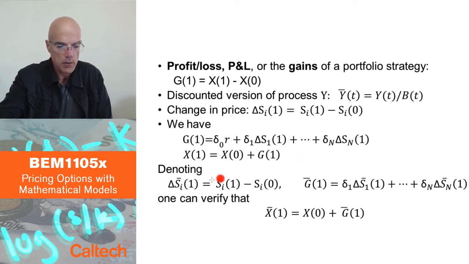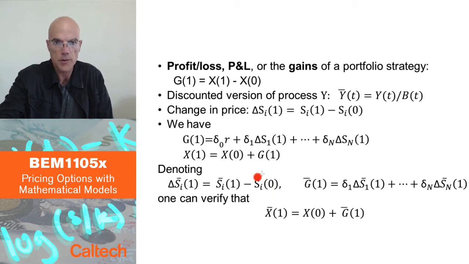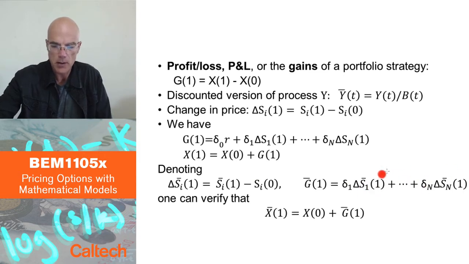Also, let me denote by delta Si bar the discounted version of the profit loss, so Si bar of 1 minus Si of 0. I'm not discounting here because there is no discounting at time 0. And G bar is going to be the number of shares times the discounted profit losses for all the assets added up together.